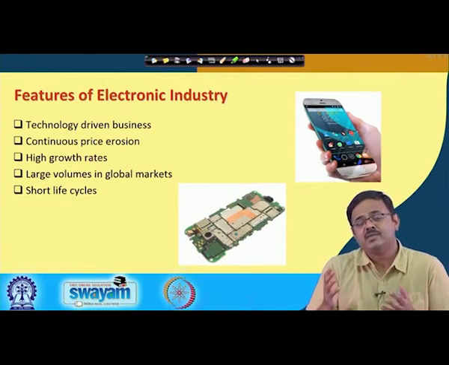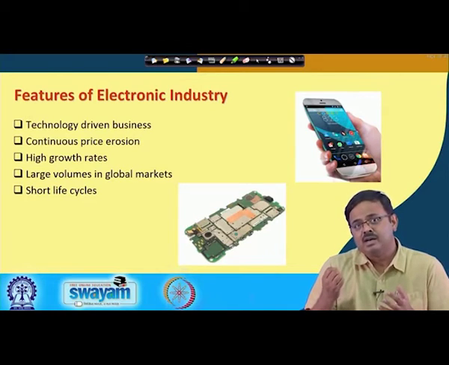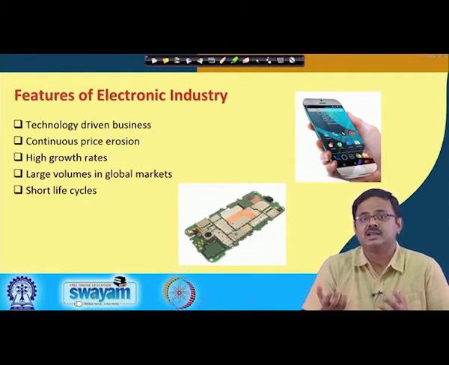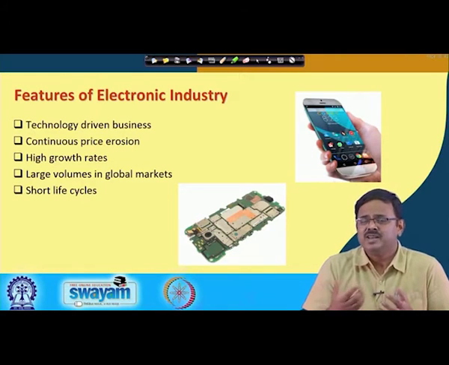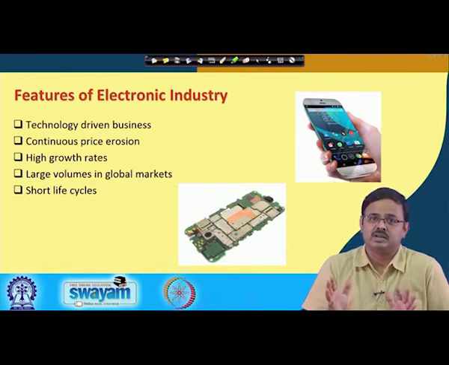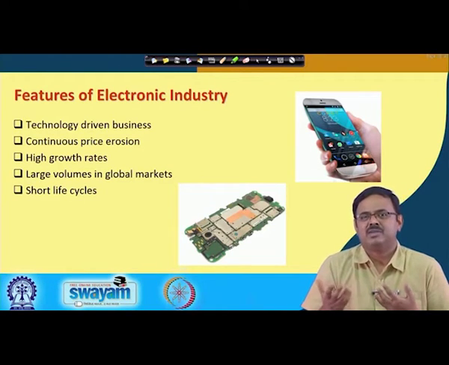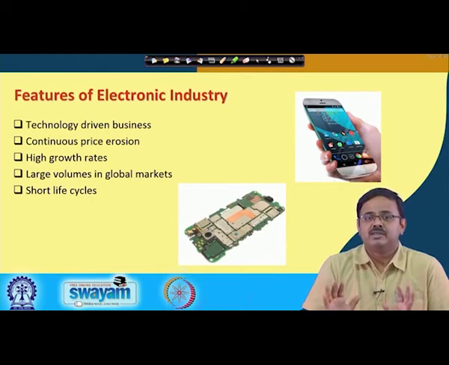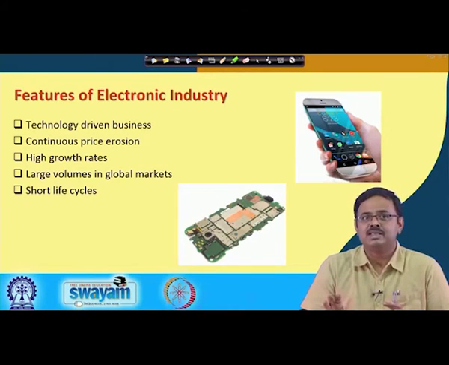Because they are coming from a generation where just one landline phone was sufficient for the family. That itself was a luxury, right? Do we need it? That's a different story. I would say yes, I need it. Somebody else will say, well, not really, but everybody is having it, so I should also have it. But whatever the reason, be it need based or desirability based, the growth rates in successful electronic products are very, very high.